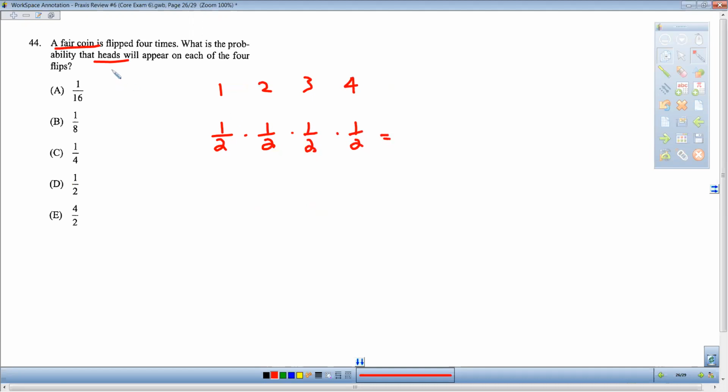So what's the probability that a head will appear on each of the 4 flips? Well, this is all dependent events. And what's the probability that we will get a head flipped 4 times? So you'd multiply these fractions and you would get 1/16, which is A.